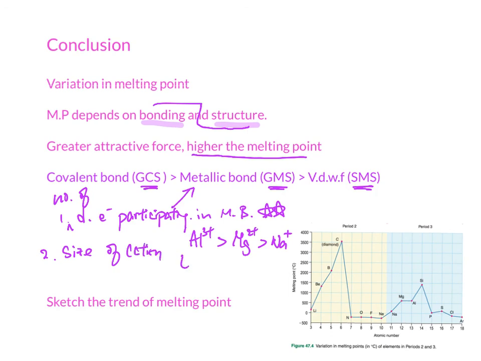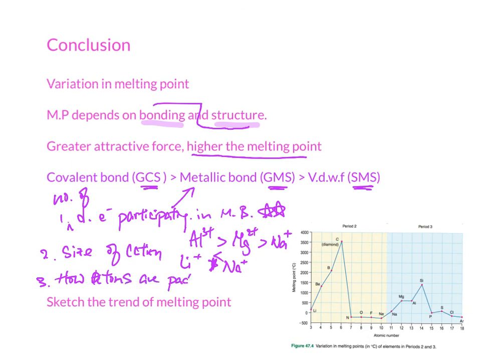So lithium ion will be smaller than sodium ion, so the attraction will be stronger. Number 3 will be how the atoms are packed, but this one will be out of syllabus.